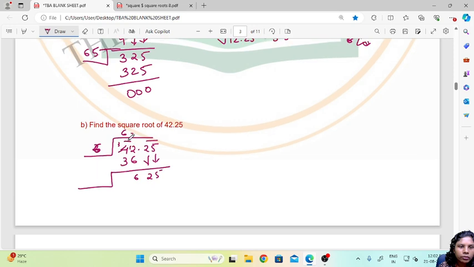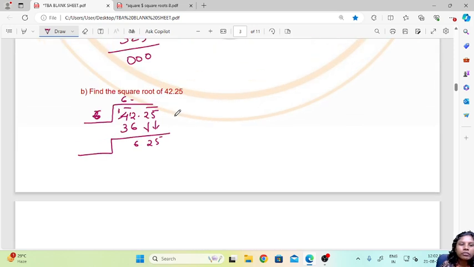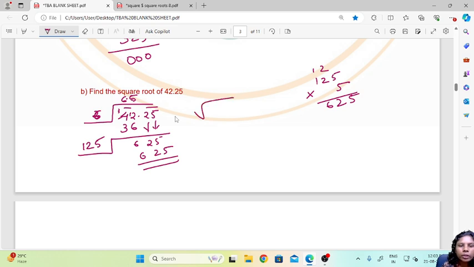So here what we have got, 625. So 6, double will be 12. So 12, which number if we multiply it with, maybe 5. 5 5s are 25, 5 2s are 10, 11, 12, 5 and 6. Okay, so we'll have 5 here and 5 here. So 625. So square root of 42.25 is 6.5.